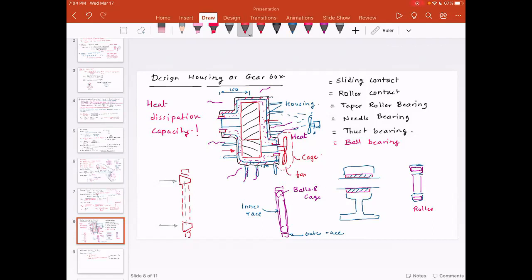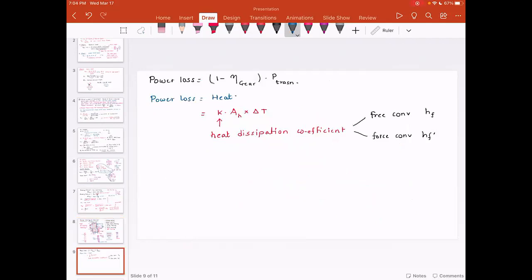The other important thing is selection of oil. So oil selection is also important. So lubrication, oil selection.